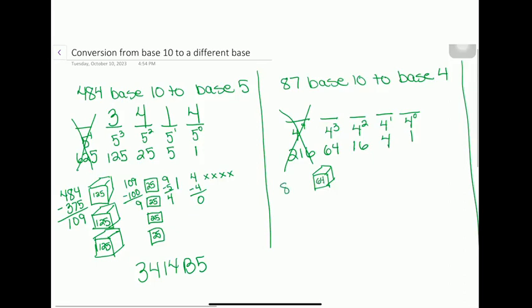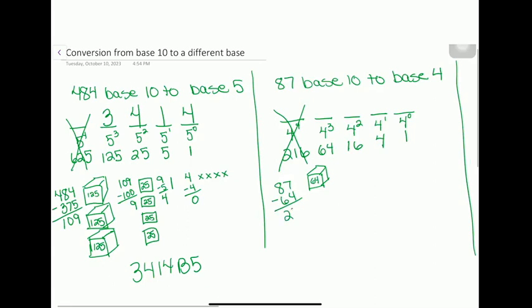we could do 87 minus 64, and we would end up with 23 left over. Well, we can't use any more of those boxes, so just one of those boxes. Now we have 23 left. We can do one box of 16, and we would have 7 left. So we're going to write one box of 16. Now we have 7. We can do one box of 4, and we would have 3 left.